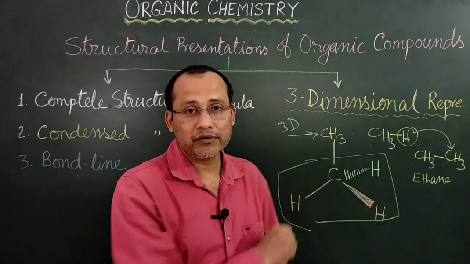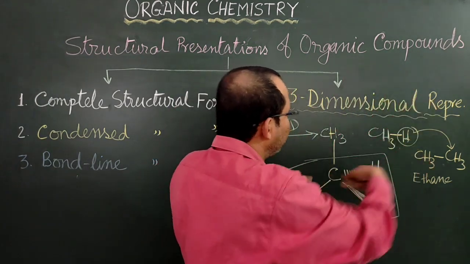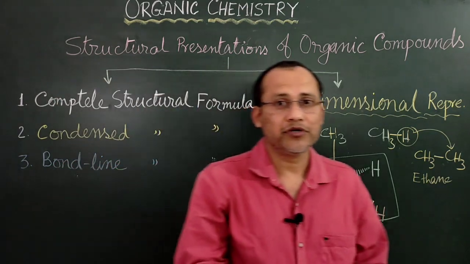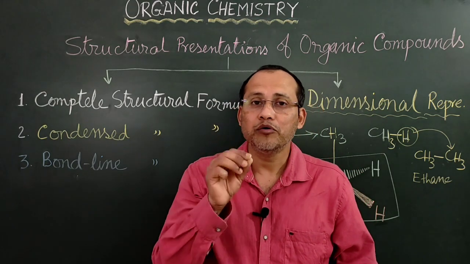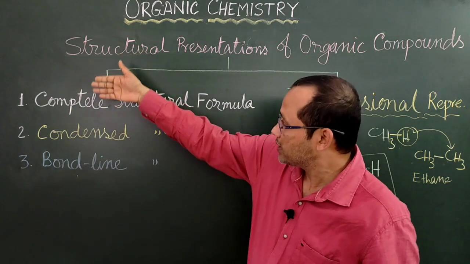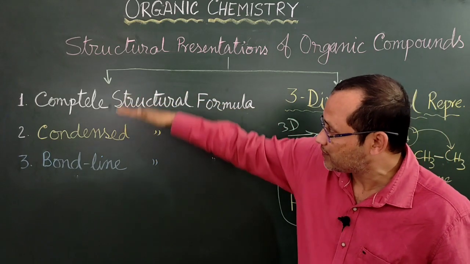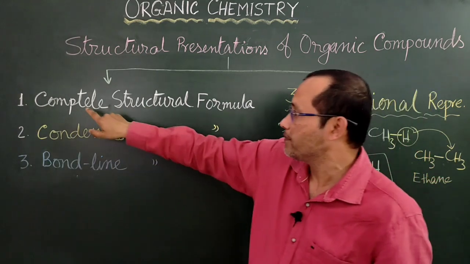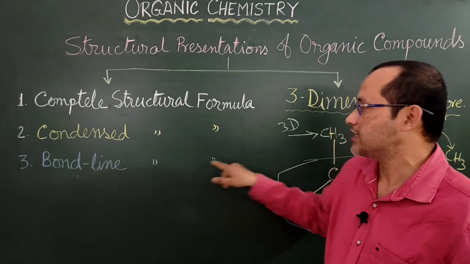Now before closing this one, let me mention one thing. This was one part of structural presentation of organic compounds. Before that I have discussed another very important portion, which is how to write down the structural formula of organic compounds. You can see here it is already written, the structural presentation, the first part rather, and here 3 ways were there. What are they? Complete structural formula, condensed structural formula, and bond line structural formula.